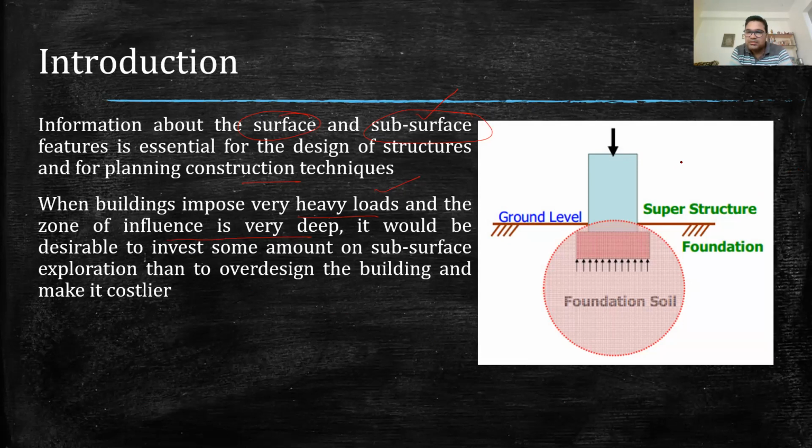For example, in this case, if this is a building and this is the weight or total load of the building, then as we know, the building is placed on the soil. Now the soil will be active to resist this load. So the higher the load, the higher will be the zone of influence.